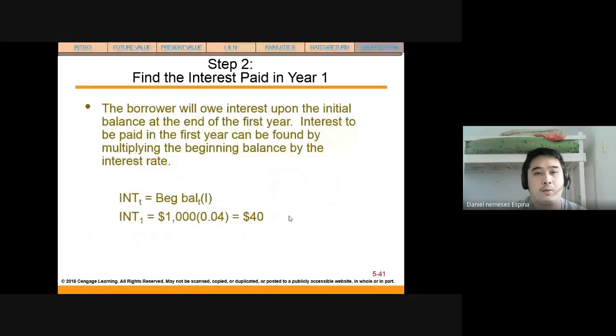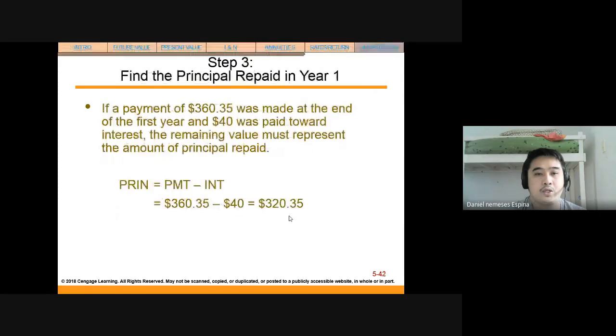So let's look at the amortization table. So the borrower will owe interest upon the initial balance. So interest is to be paid in the first year and can be found by multiplying the beginning balance by the interest rate. So whatever is the beginning balance, i-multiply na sa 4%. So principal, pilay atong i-deduct sa principal?